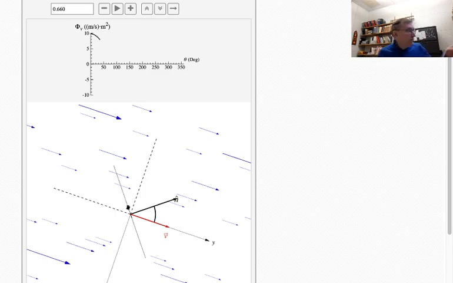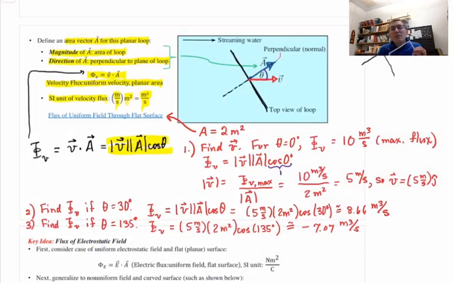Okay, so with velocity flux, we really do have physical substance flowing through a surface, water in this case. But you don't have to limit this whole thinking to the velocity field of an actual flowing fluid.